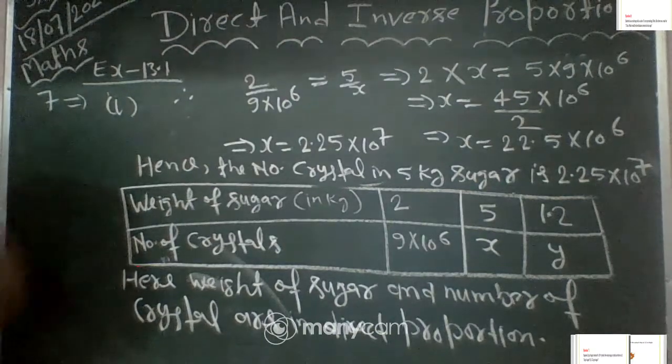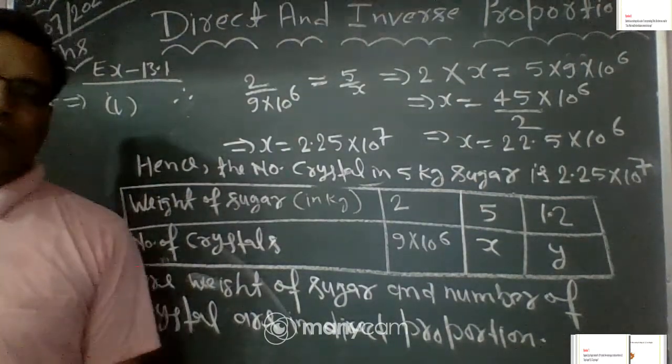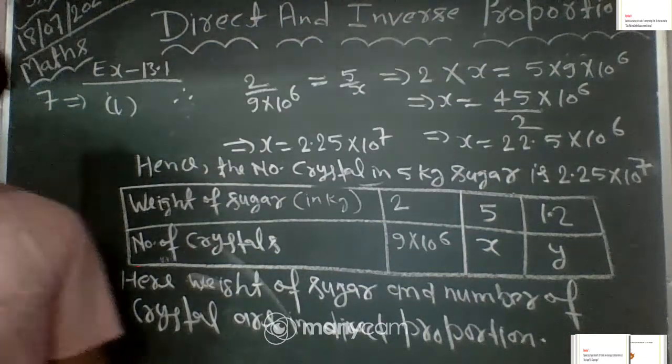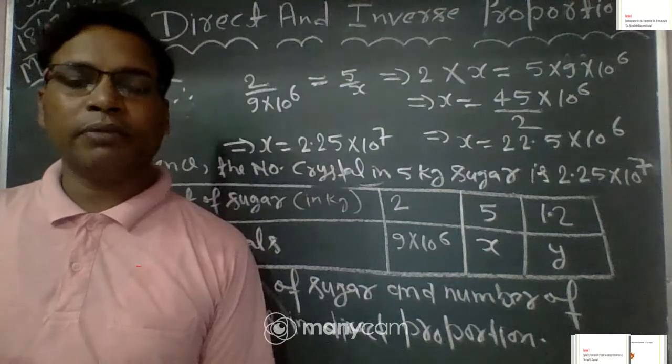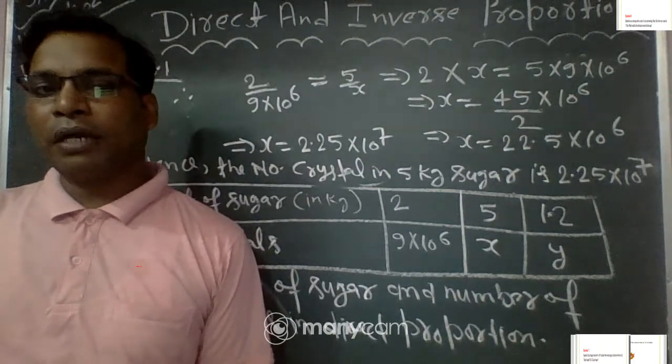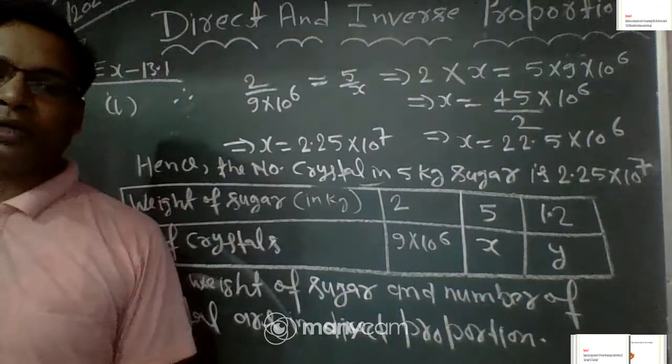Okay, the number of sugar crystals in 5 kg sugar. How many sugar crystals are there in 5 kg sugar? So you can find it is 2.25 into 10 power 7.